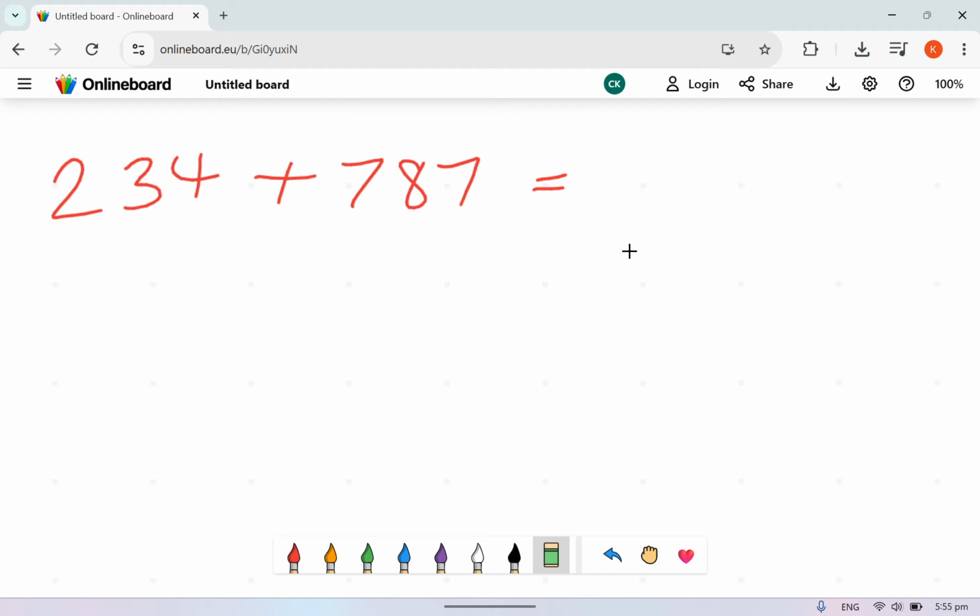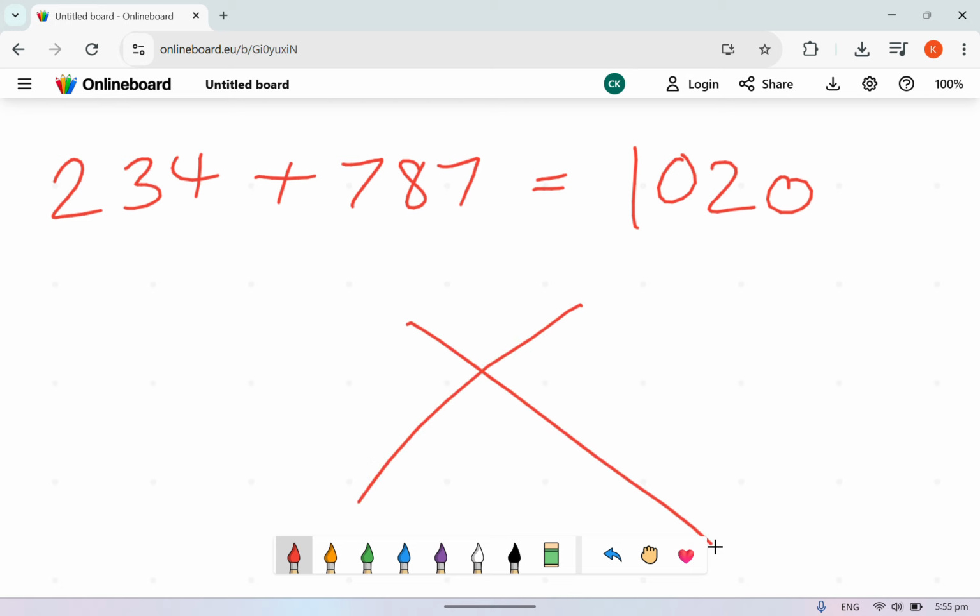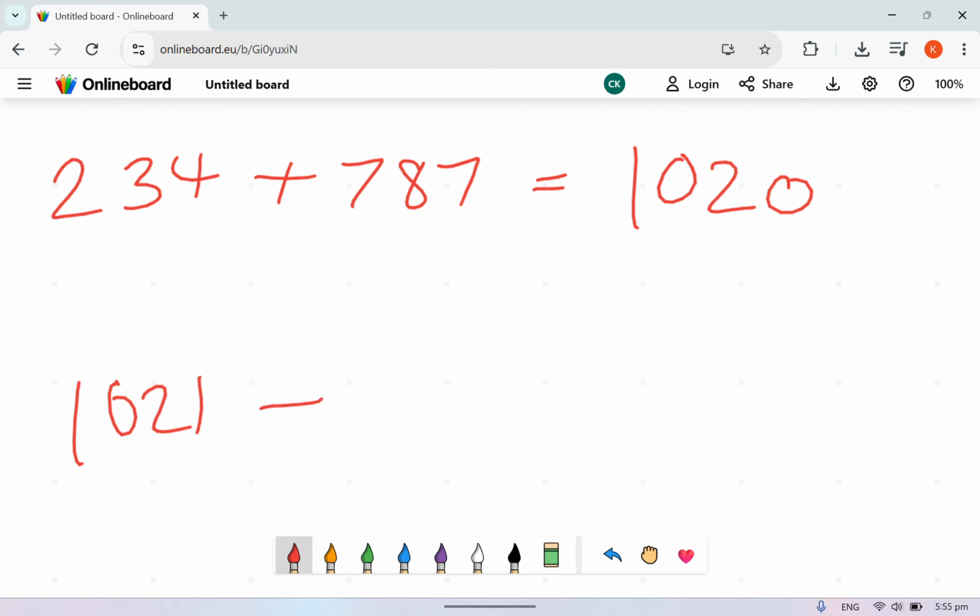Now, is this expression valid? No, this is not valid. This is mathematically incorrect. But here's the thing. When you take 1021 and round it to 3 significant figures, it's actually 1020.